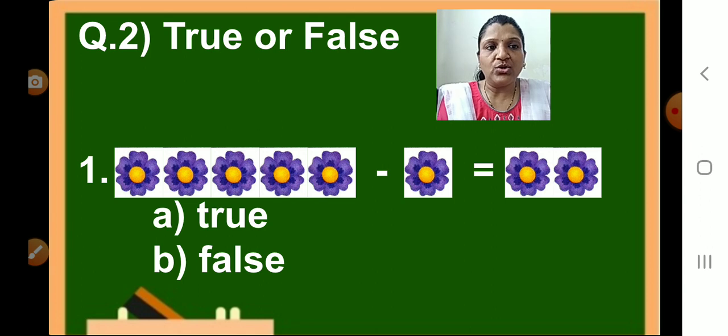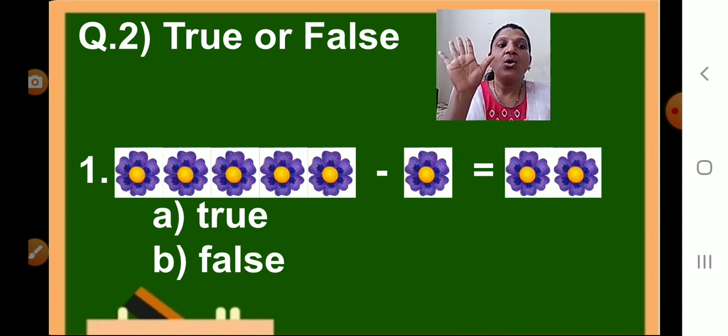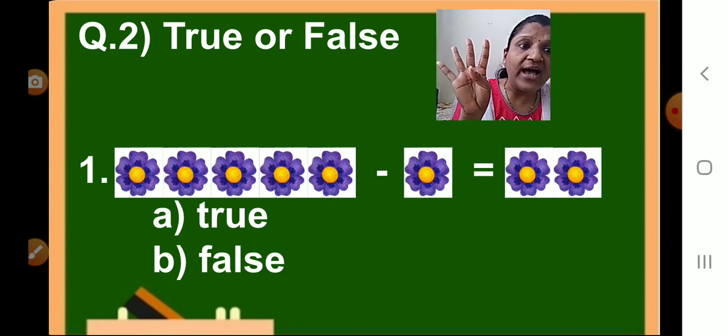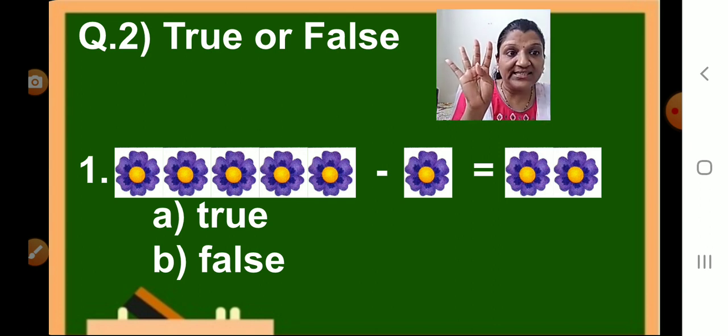And equal to, in the last group, how many flowers do you see? 2 flowers. So the given question is 5 flowers minus 1 flower equals to 2 flowers it is given. But is it correct? No. What is the correct answer? 4.